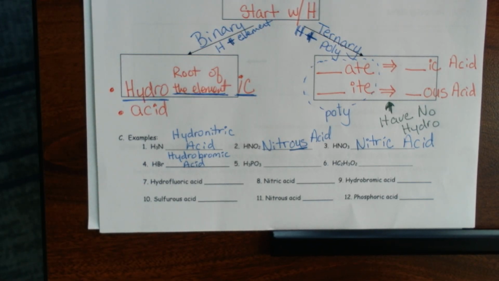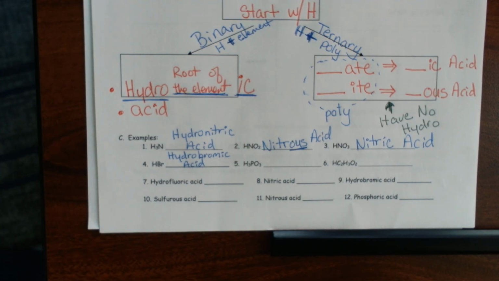Okay, number 5 is not a binary, so no hydro. It's a ternary. And so I see hydrogen, and hydrogen has a 3 next to it. That's okay. It came from the polyatomic when it crossed over. All hydrogens have a charge too. What are they? +1. So there was a +1 that crisscrossed over, and that's why there's no parentheses. If that makes sense. So no hydro, but I need to go find PO3.